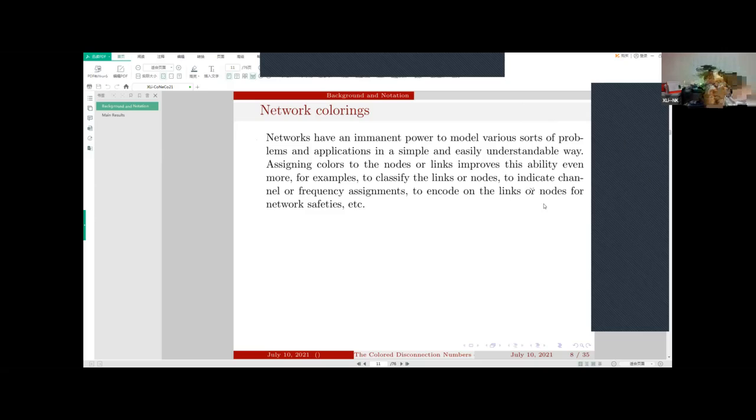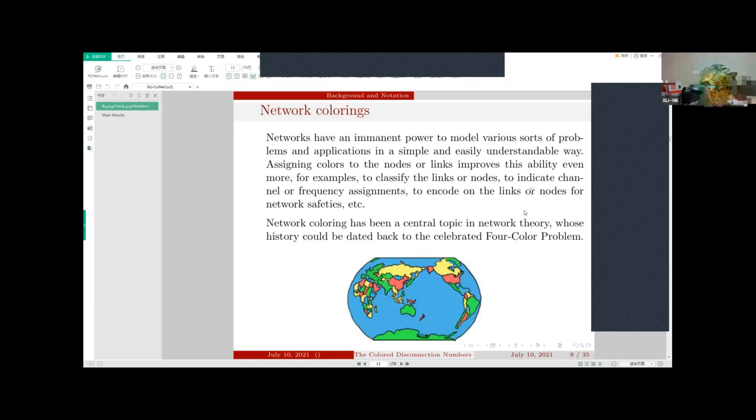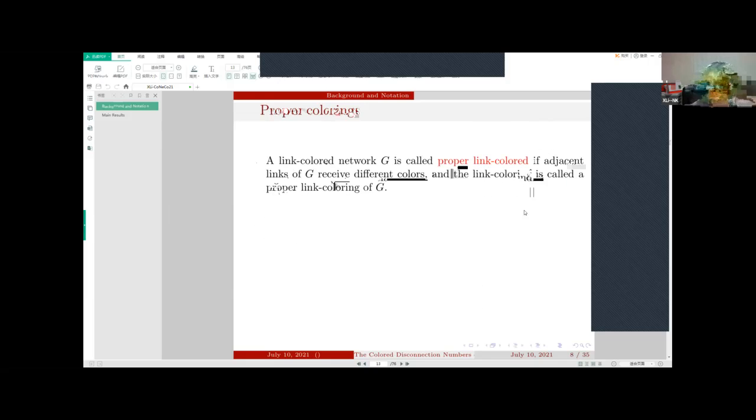For example, you use coding, or you assign some frequency on the links or nodes. This comes from the so-called frequency assignment problem.